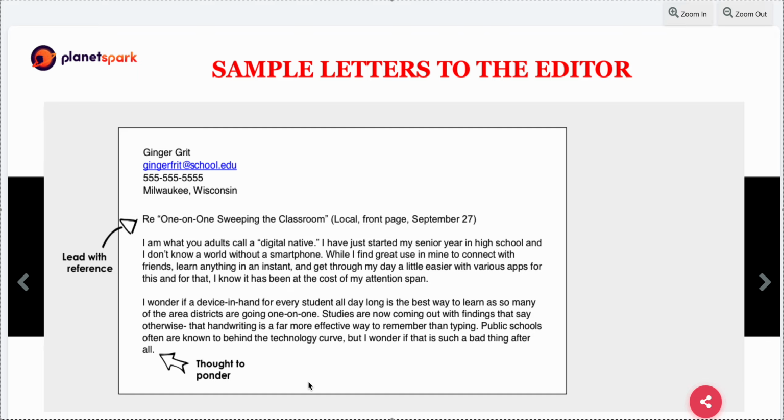He is confused when a smartphone or a gadget is such a helpful device to know so much around us. Instantly we type a lot rather than we write. It affects our handwriting. And the public schools are behind this technology curve because they make us write notes in the class. But we are habituated to typing in the smartphone and getting the answer instantly. So I wonder, here comes the but.